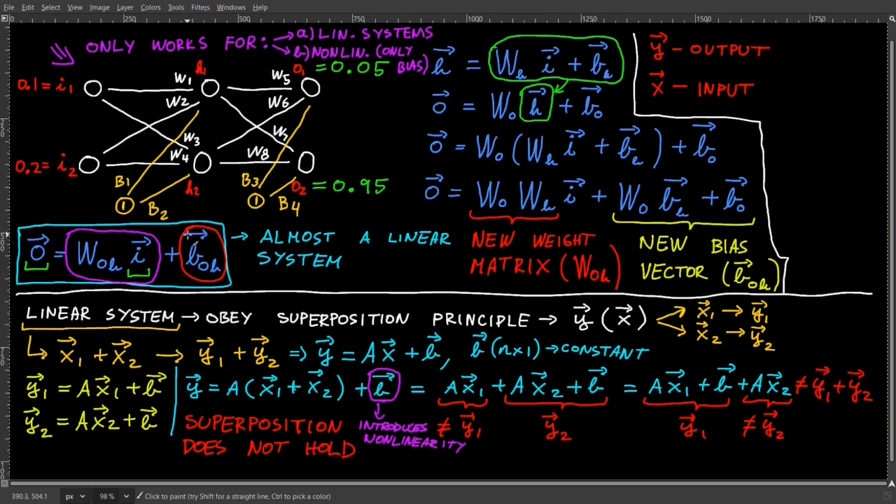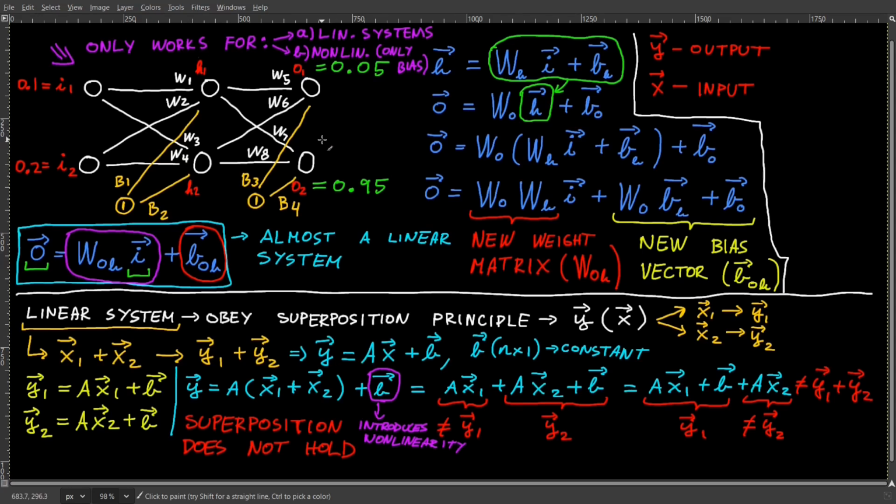In that case, it's possible to find the weight matrix and the bias vector using some numerical algorithm that maps the given inputs to the desired outputs.